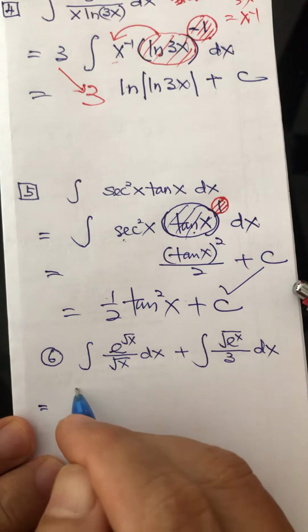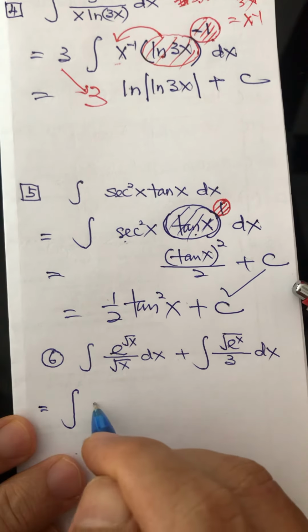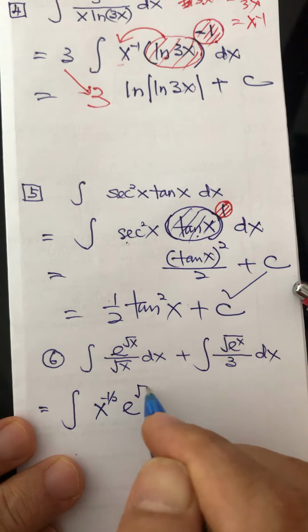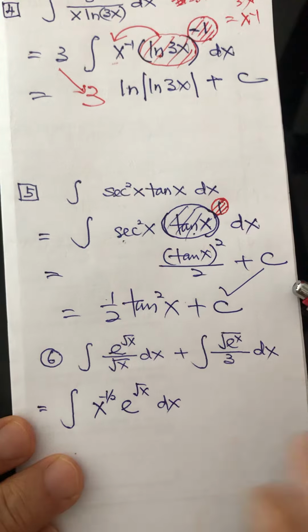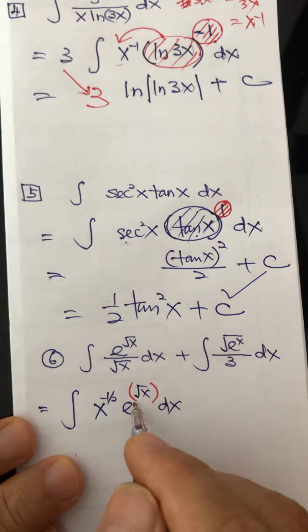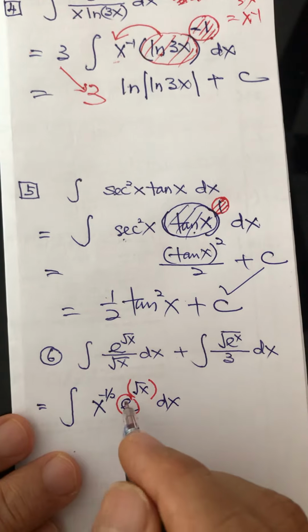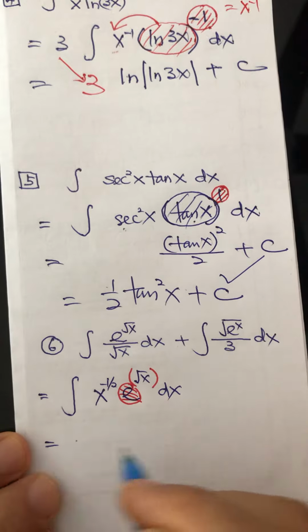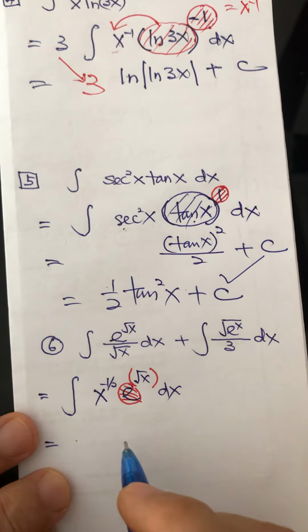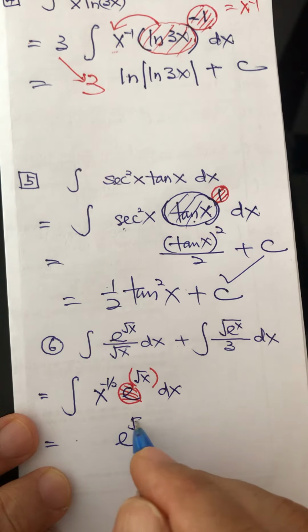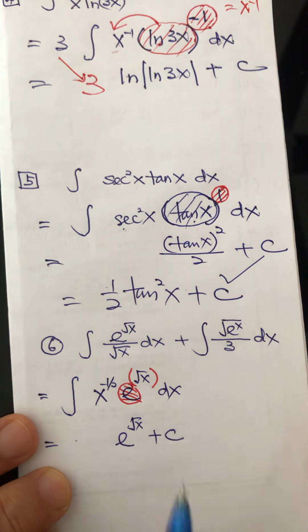This one I can write it like this. So this is x^(-1/2) e^(square root x) dx. Okay, I'll look at this one first. The bracket is here. Then I want to change this e^x. I want to change this function. Integration, I said many times already, integration means you want to change this function, where you change, you still get back the same function, then plus c.